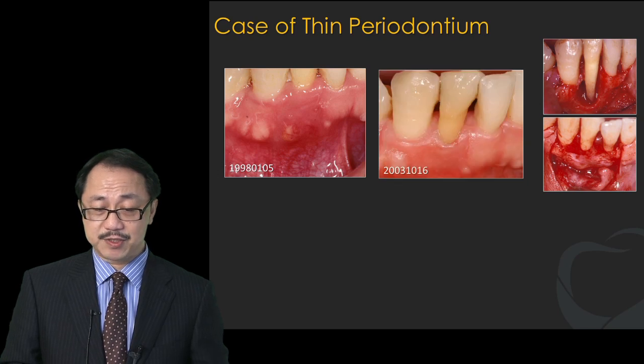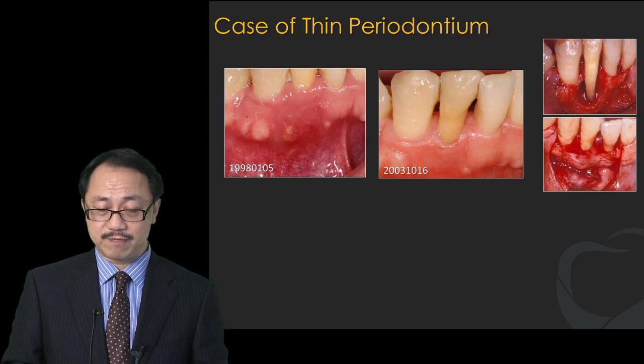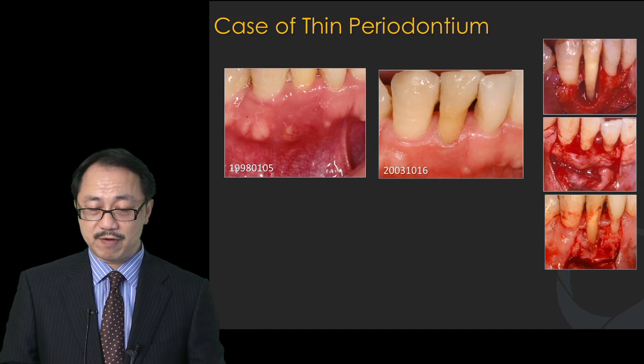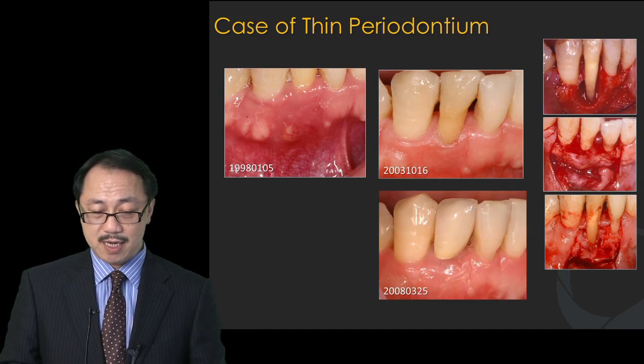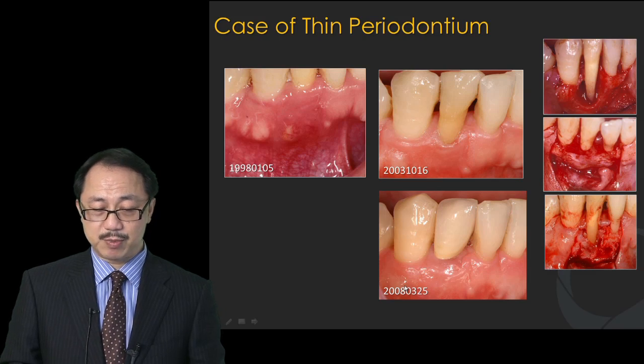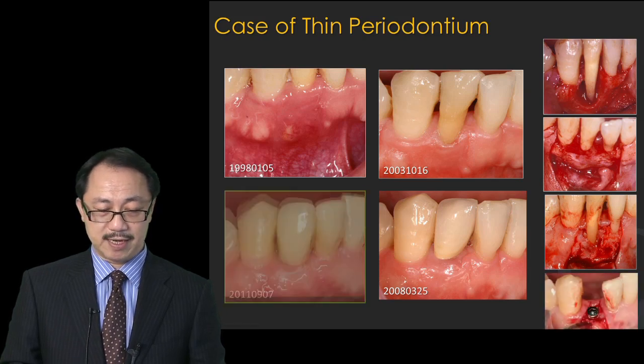And 5 years later, there's additional soft tissue recession because the thickness of the tissue is too thin. We had to perform soft tissue grafting to augment the thickness, and then it was stabilized for another 5 years until the tooth fractured and was replaced with a new implant.